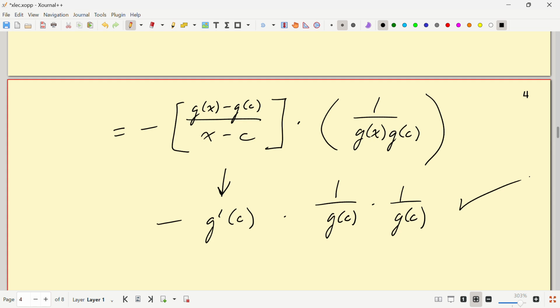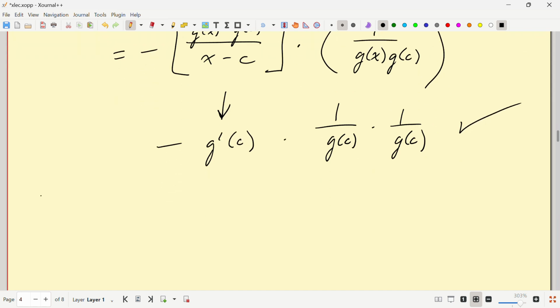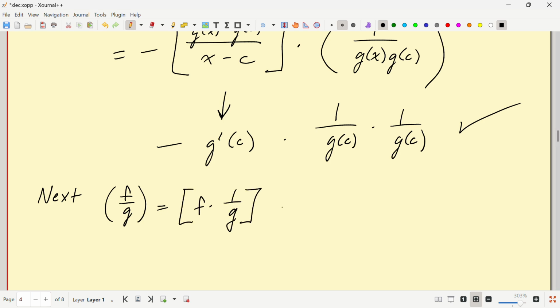Once you know that, you would use the product rule. f over g would be f times 1 over g, and you use the product rule. So this is f over g prime.